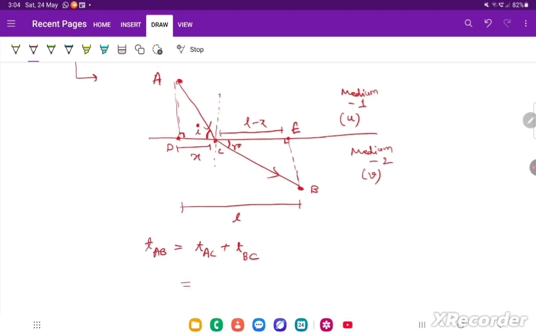And the time taken to reach C from A, you can write as AC upon the velocity in medium 1, that is u, plus similarly you can write BC upon v. Let's say the perpendicular distance of the interface from A is d1 and BE is d2.